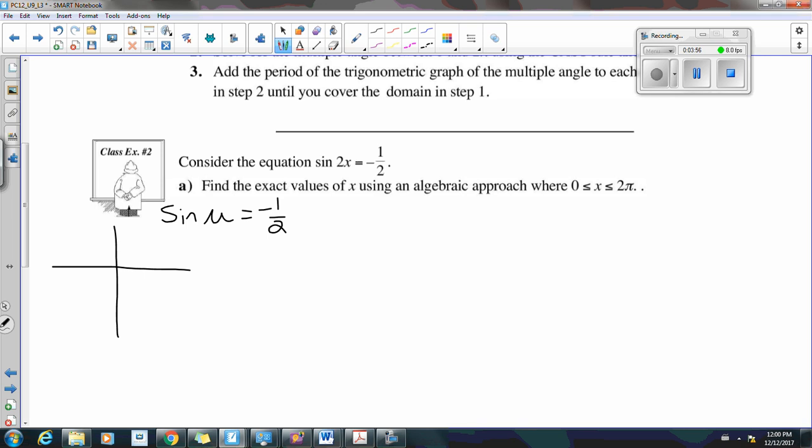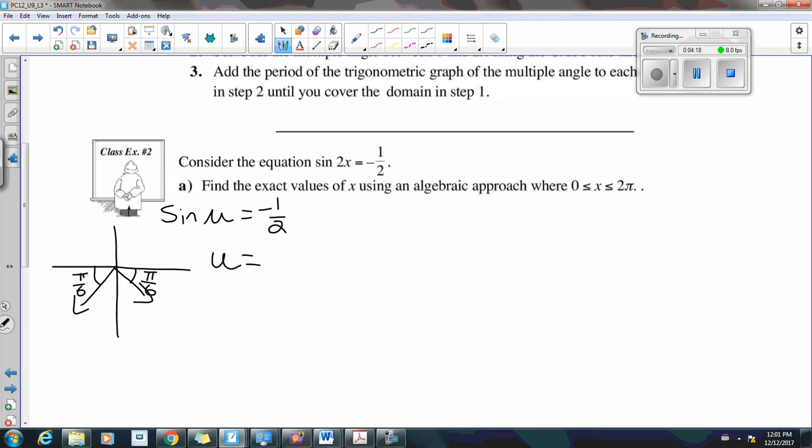Well, sine is negative in quadrants 3 and 4, and it gives us a reference angle of pi over 6, or 30 degrees. So you could use your unit circle, or you could use sine inverse of 1/2, which is going to give you 30 degrees, which is pi over 6.